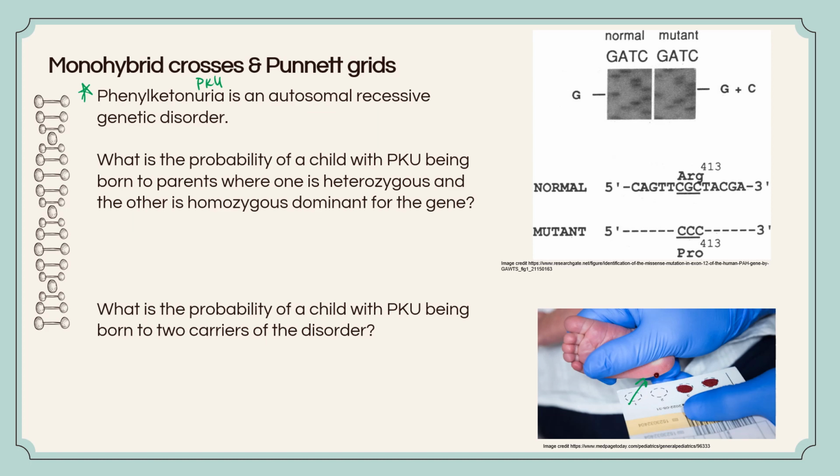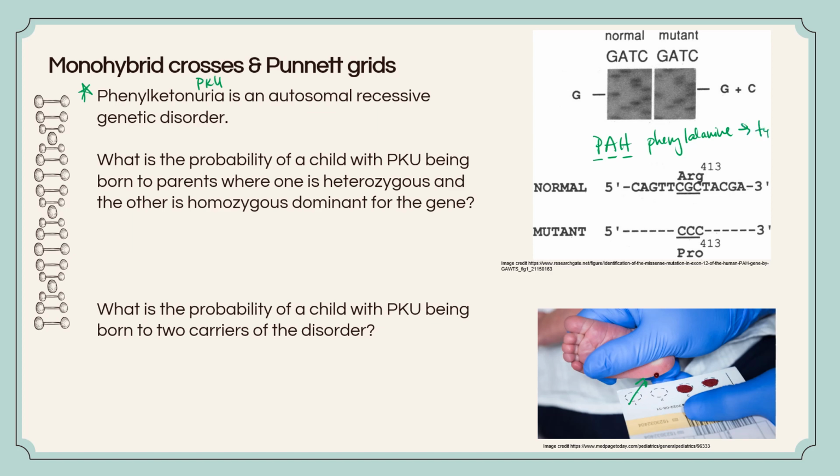People who are homozygous recessive for phenylketonuria have a broken PAH protein. So this stands for phenylalanine hydroxylase. What this protein does is it converts an amino acid that we find in protein called phenylalanine.